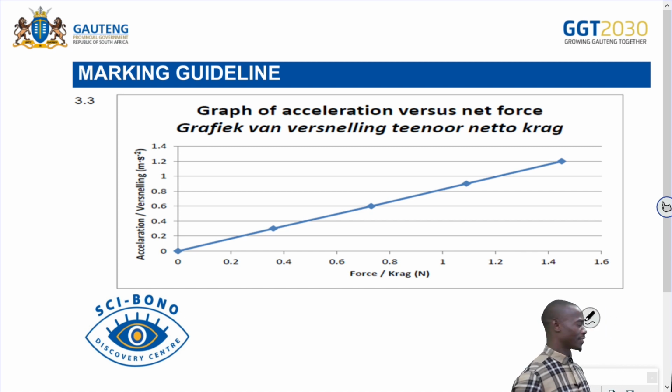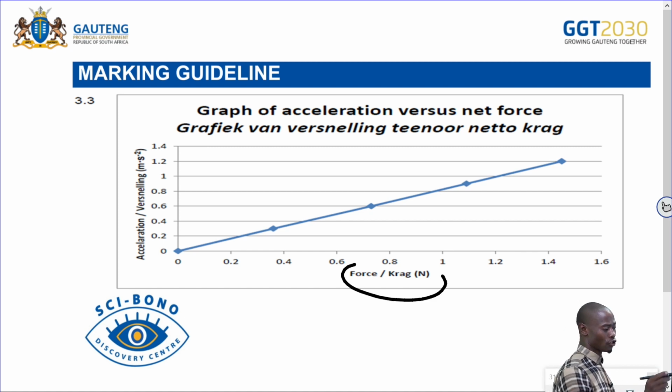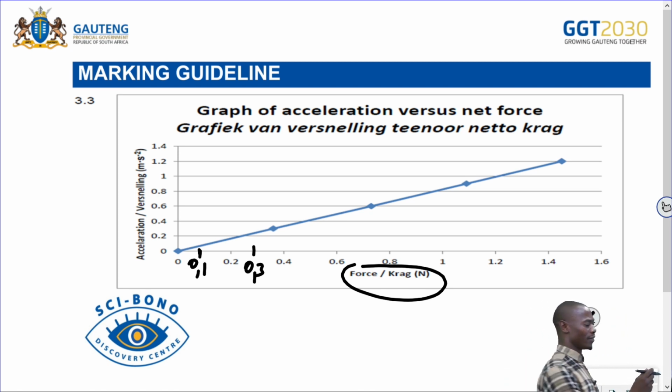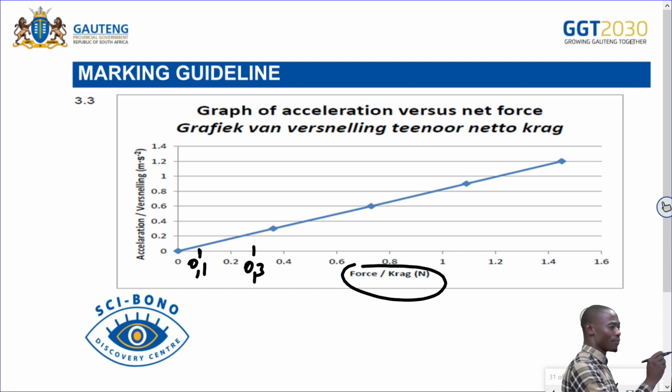Then check this. So choosing the correct scale, right? So your net force is your independent variable. So the first point should be what? 0. And then here you can see there's 0.2. If here is 0.2, it means that here I'm having 0.1. Here I'm having what? 0.3. So you can see they chose a correct scale here for both the vertical axis and the horizontal axis. Then the graph, you can see, starts from the origin.